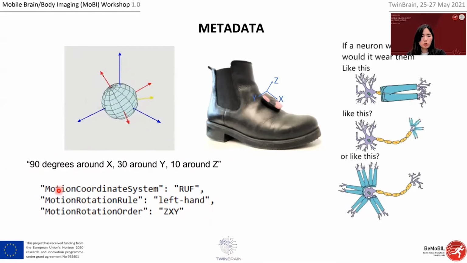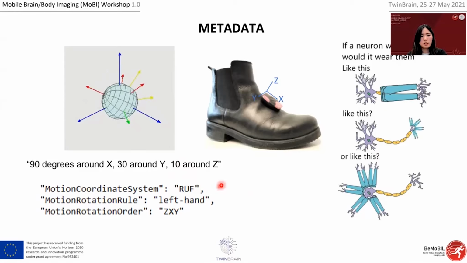And then the motion coordinate system, this field in the metadata, refers to which axis was pointing in which direction in the physical space. So RUF means that the x-axis positive direction was right, the y-axis positive direction was up, and the z-axis positive direction was forward.